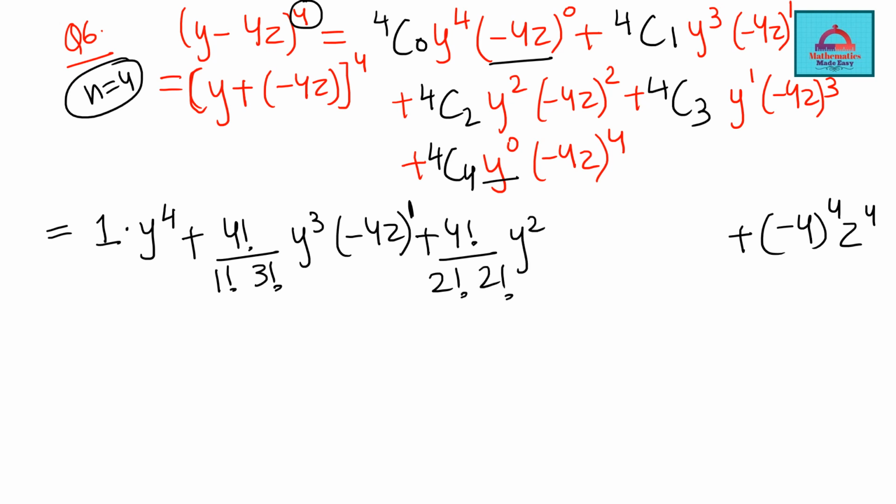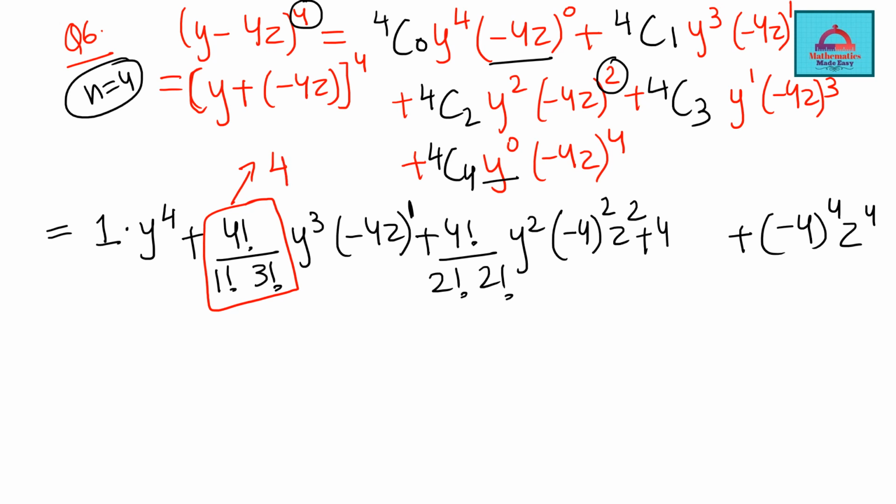Here the power is even, so it will give a positive result. So (-4)^2 z^2. Okay. And then writing this term also. So I will directly now write 4 because I know this. This combination formula is going to simplify and give you 4, so I'm directly writing 4 here now, and then we write this term, which is y and (-4)^3, and then z cubed. Okay, not to forget that.